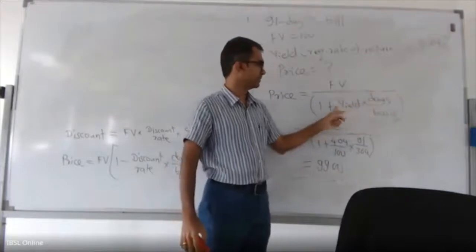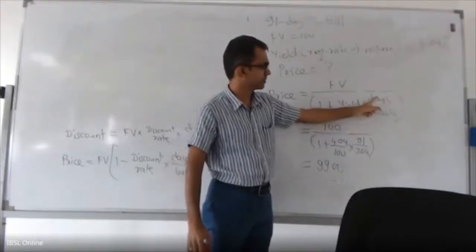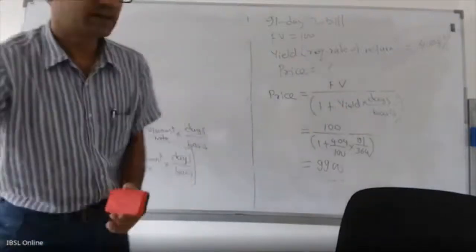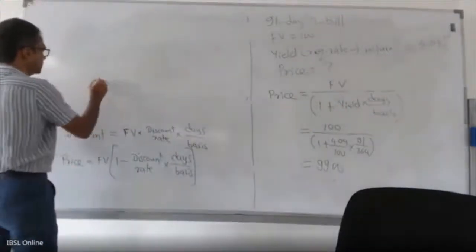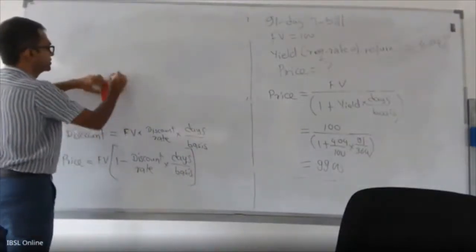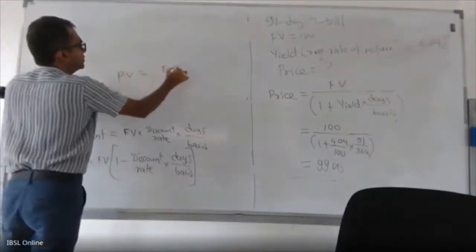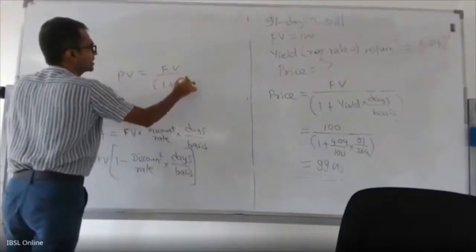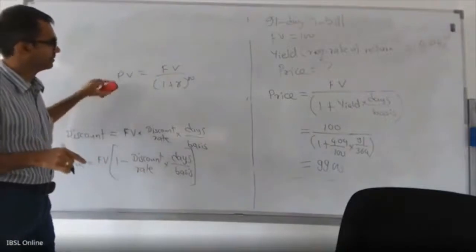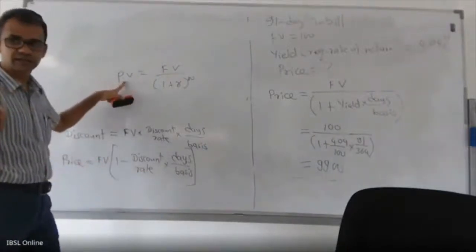So the way that we use 1 plus yield into number of days divided by basis. But when it comes to more than 1 year, we use the present value equation, this one, future value over 1 plus Rn. We use this one when it comes to a period of more than 1 year.